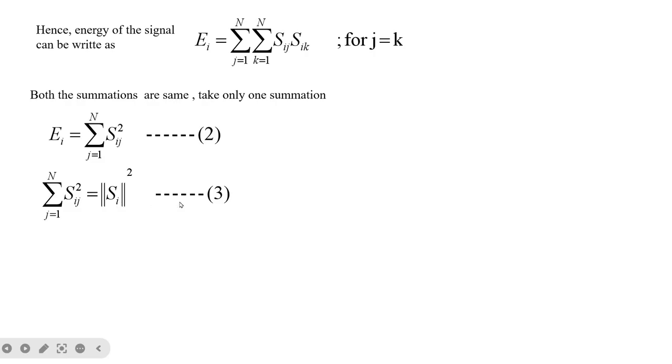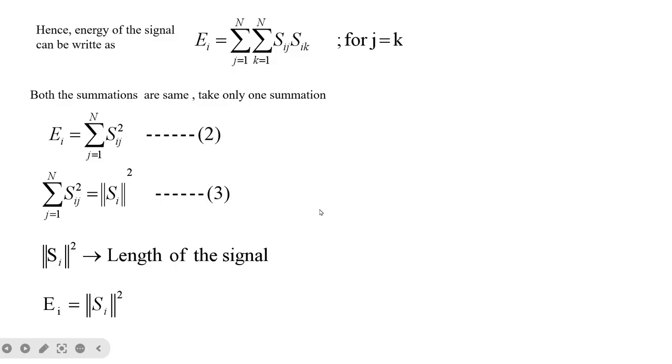It is equal to the length of the vector whole square. Yes, no? Because here RHS and LHS are the same. So Ei will be equal to the square length of the signal vector. So we can write this as Ei is equal to Si whole square, that is double line whole square.